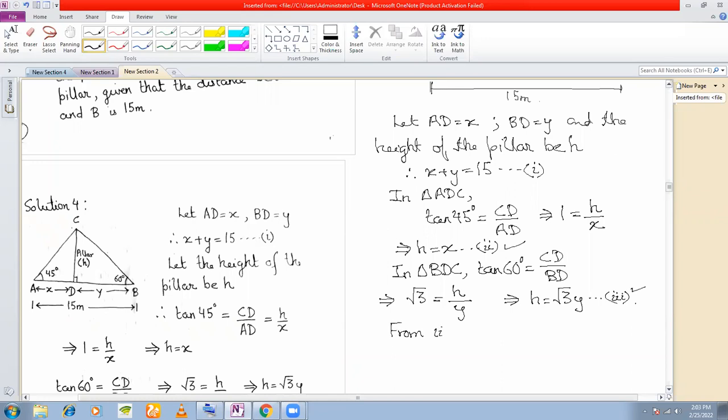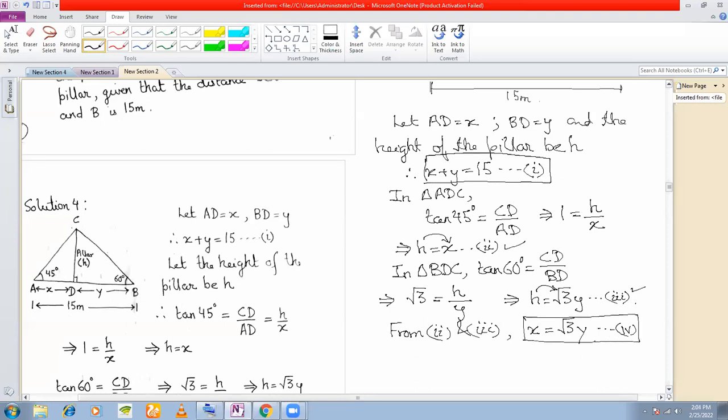Since both are equal to H, from 2 and 3 what can you write? X is equal to root 3 Y, isn't it? Because here H is equal to X and here H is equal to root 3 Y. So you can write X is equal to root 3 Y. Call this 4.